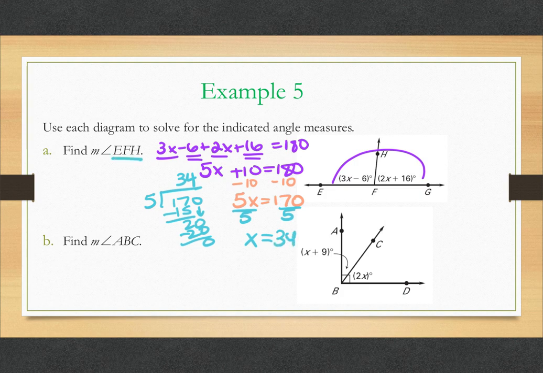Now it wants EFH. EFH is my 3x minus 6. So I'm going to do 3 times 34 minus 6, which is 102 minus 6, 96.